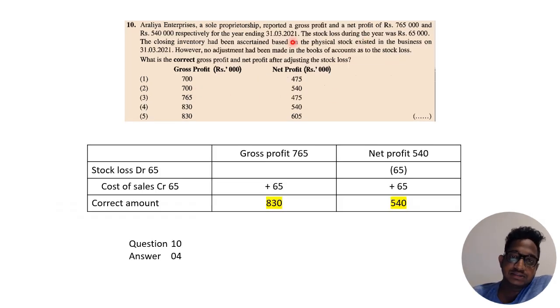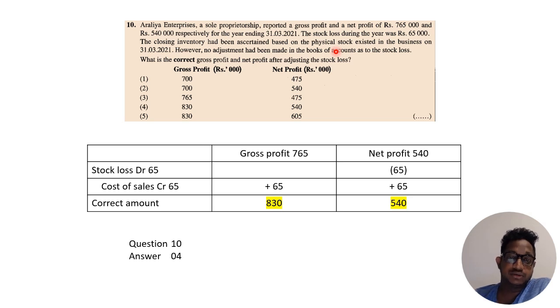In this case, it's given the gross profit and the net profit, and they figure out the stock loss during the year is 65,000. Your closing stock you calculated based on the physical stock, which means after deducting those stock losses. You correctly calculated the physical stock as the closing stock.